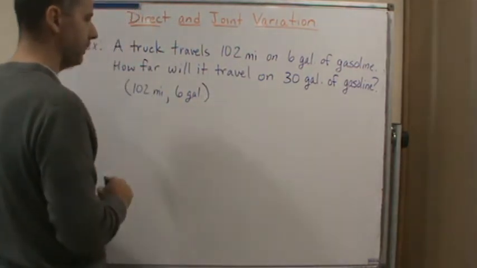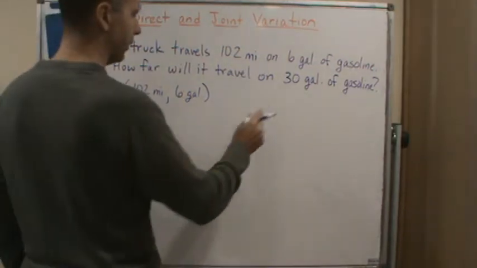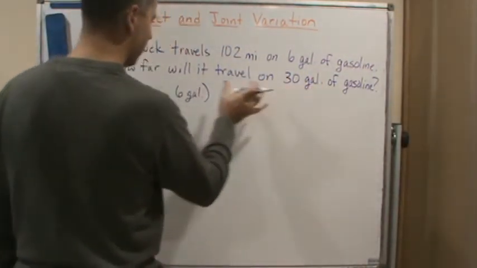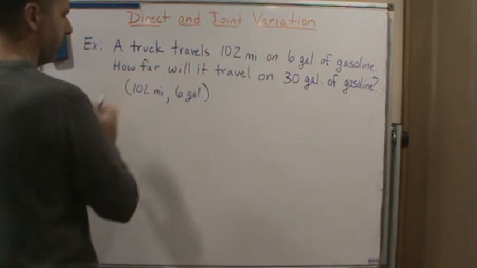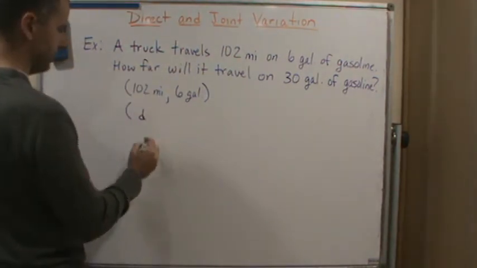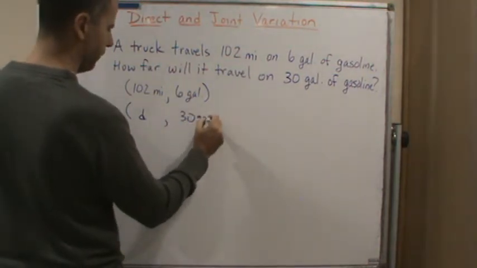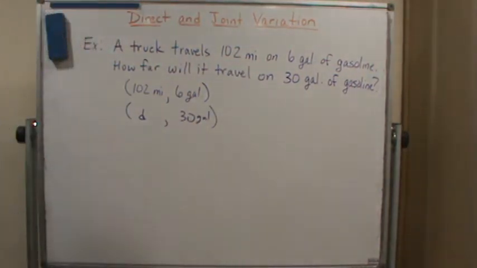The other pair of points that go together is the 30 gallons and the unknown distance that we're trying to figure out. So let's use D for the distance and the 30 gallons. Those are the two points.